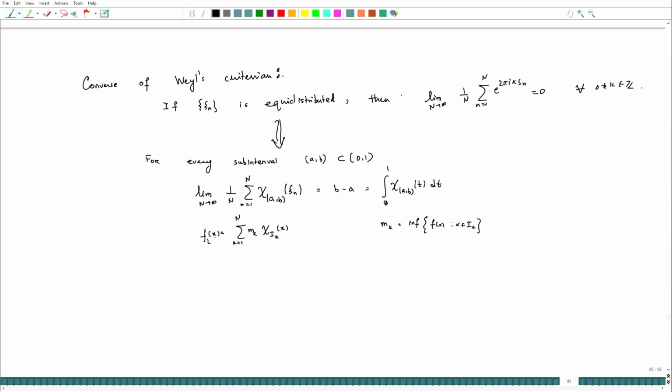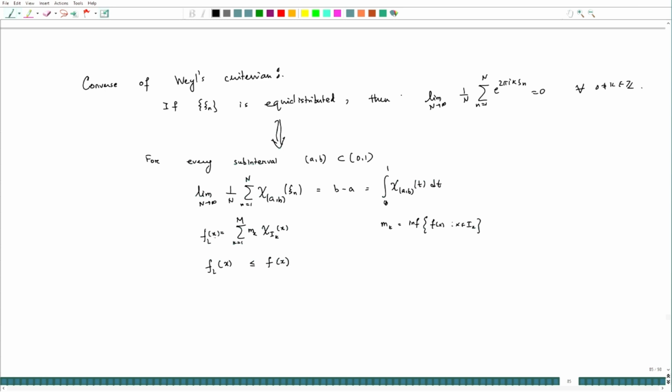Now, this f l of x is less than or equal to f of x.